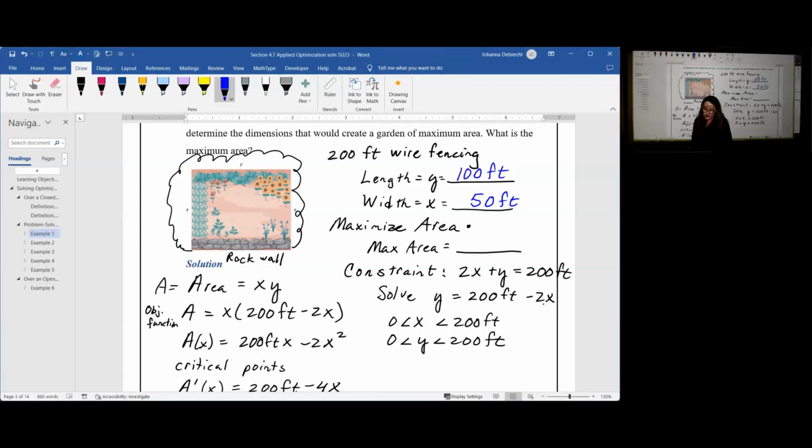Make sure that they do add up to 200 feet. We need twice the width and one times the length, and that gives us the 200 feet of fencing. I'm still not done until I've found the maximum area. The area is given by x times y, which gives me 5,000 square feet.